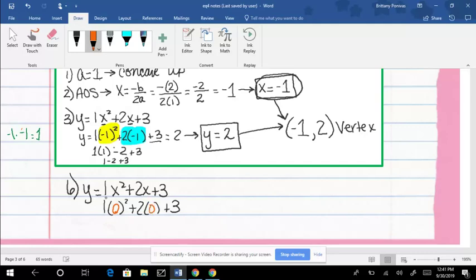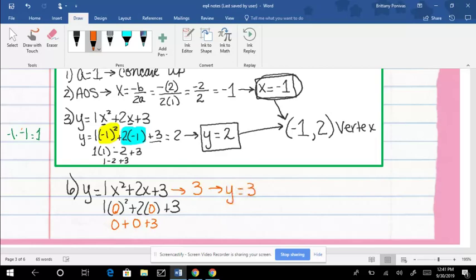Well, 1 times 0 squared is 0. 2 times 0 is 0. We've got plus 3. So 0 plus 0 plus 3 is just 3. So we just found that y equals 3.